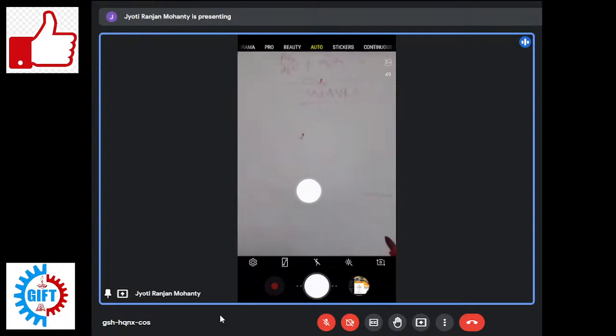So after that you can write: if the initial conditions are so chosen that X is equal to minus Y, that means both the bobs are displaced by same amount, but in opposite direction.